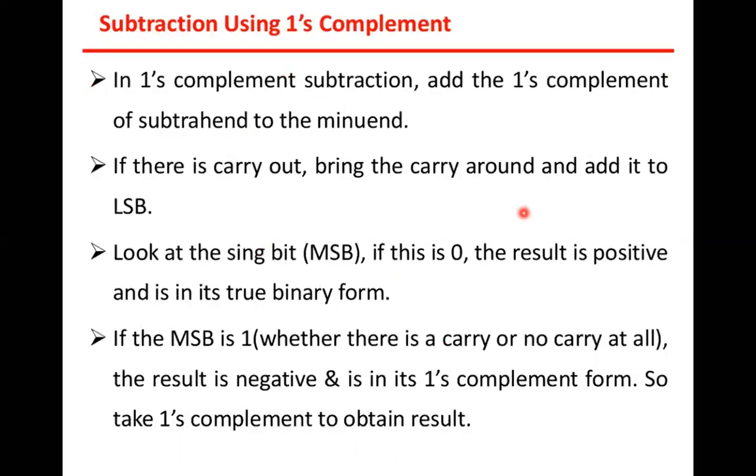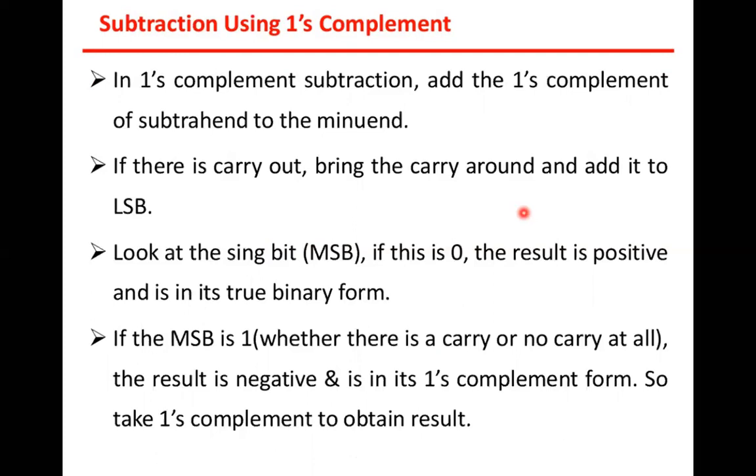Subtraction using ones complement. Earlier we did addition and subtraction with the basic rules, but now let's see how subtraction takes place using ones complement. In ones complement subtraction, add the ones complement of the subtrahend to the minuend. This is the procedure. If there is a carry out, bring the carry around and add it to the least significant bit.